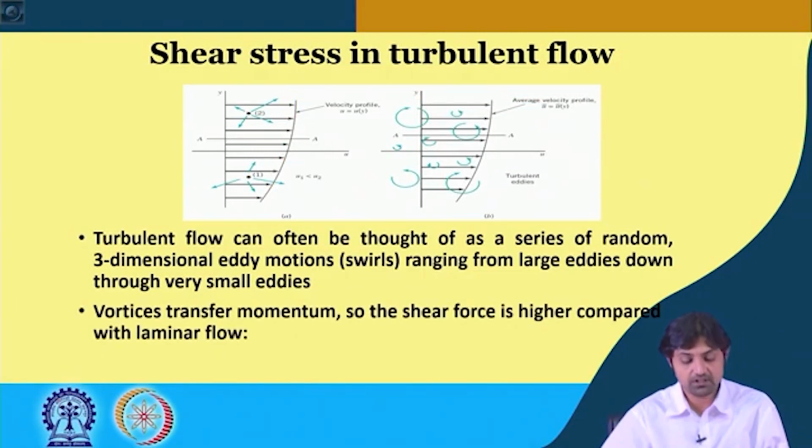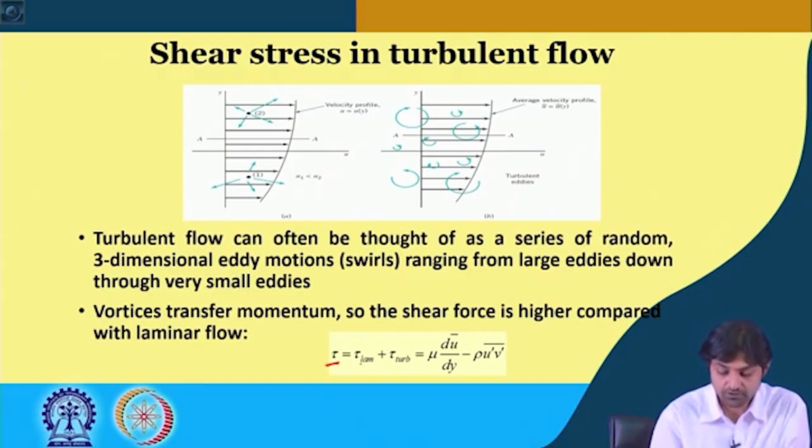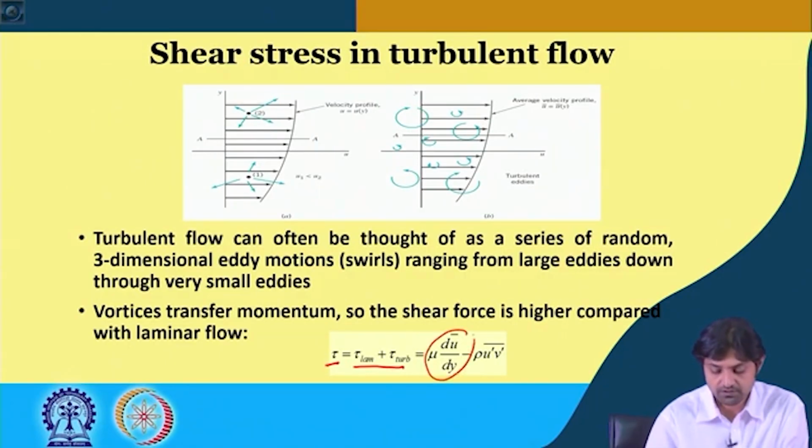These vortices transfer momentum, so the shear force is much higher in turbulent flow compared with laminar flow. The total shear stress in a turbulent flow can be written as a combination of two things: shear stress due to laminar flow plus shear stress due to turbulence. This is the laminar shear stress, and this is the turbulent shear stress.